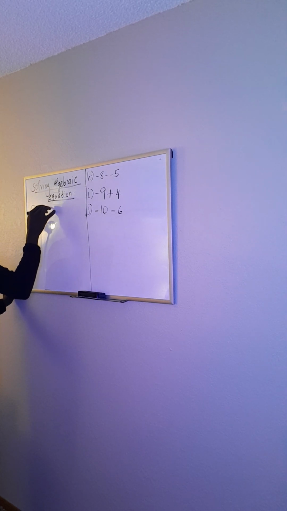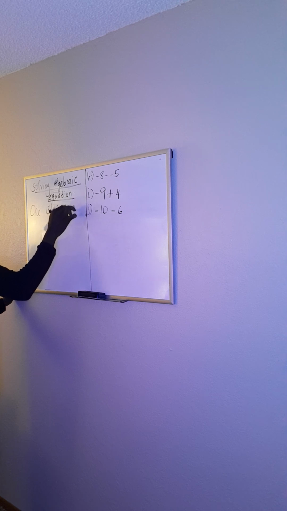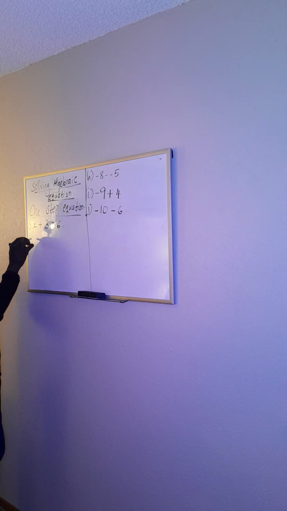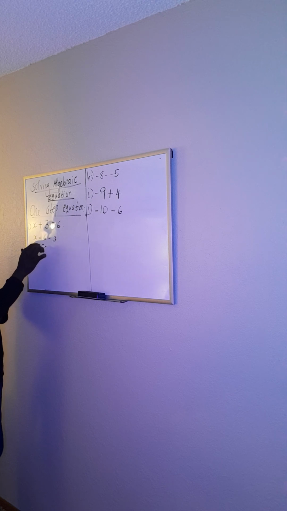A one-step equation simply means you move one step and you have the answer. For example, x + 3 = 6. This is a one-step equation. Why? Because you simply take this 3 to the other end and you have the answer. Therefore, x is equal to 6 take away 3, so x is equal to 3. That's a one-step equation.